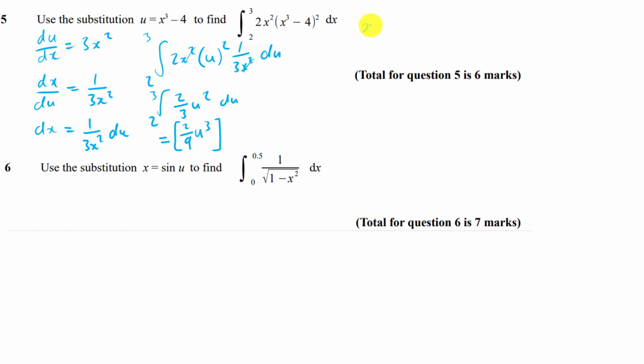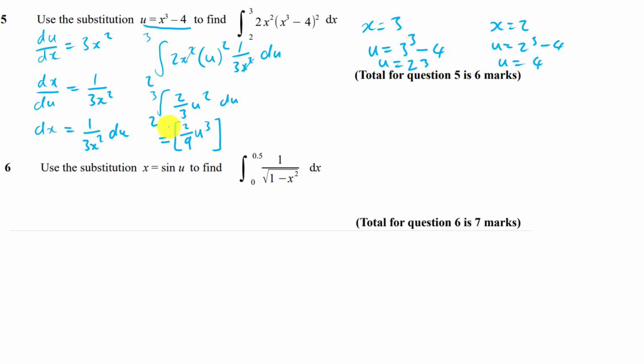So when x equals 3, u equals 3 cubed minus 4 from here, so u is going to equal 23. And when x equals 2, u is going to equal 2 cubed minus 4, so u equals 4.